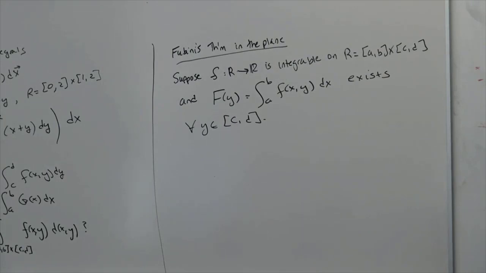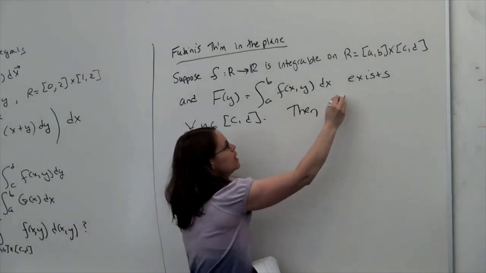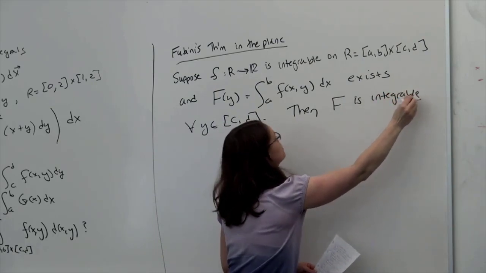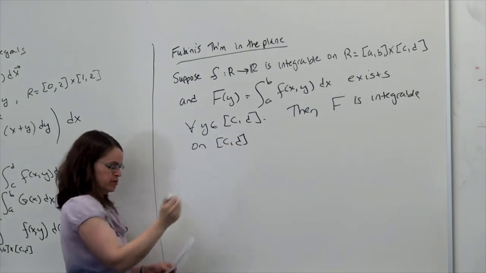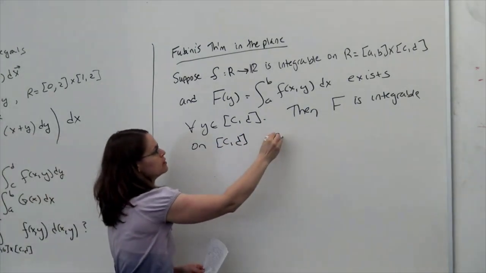We can start breaking up our integral into little pieces. So then we can say that capital F is integrable on [c,d], so on this interval. And when we integrate it, we get the value that we're hoping for.